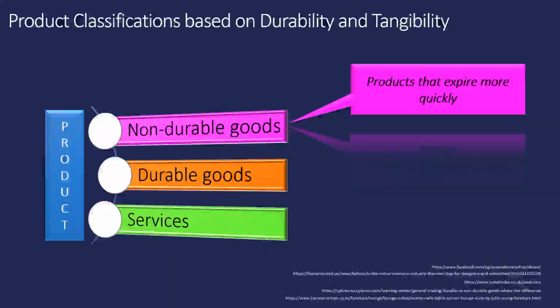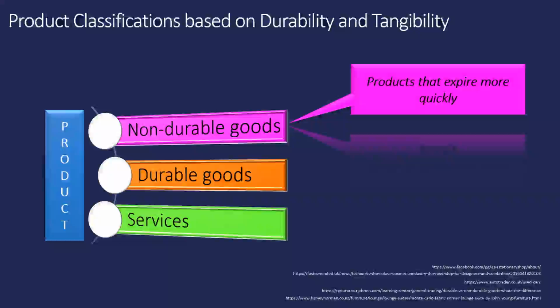The first one, non-durable goods. From the name, we can already guess that the goods are not durable, which means the goods cannot stand for a long time. They do not have durability.